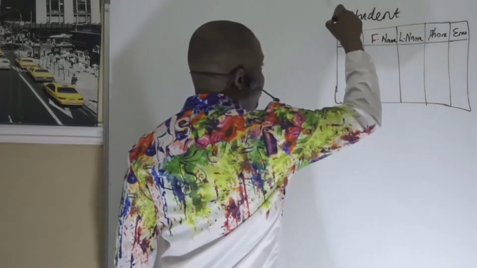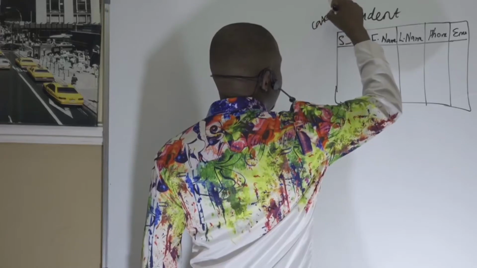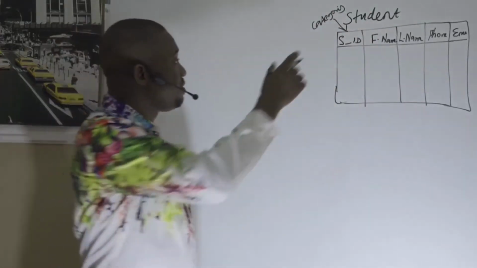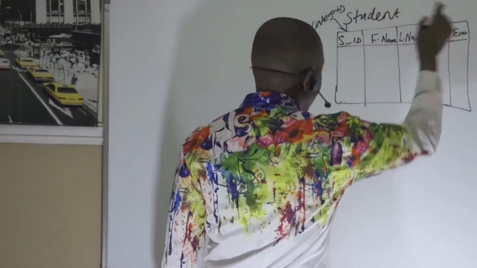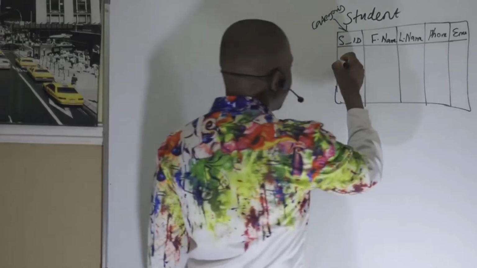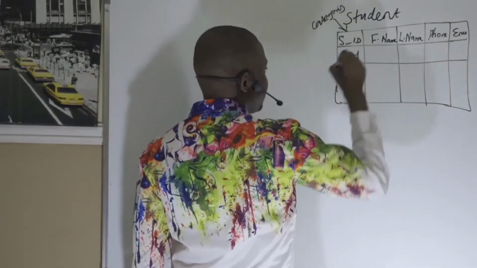Then each of these is called a category. All of them are categories. So the instance of the category will be inserted in the row. Assume the first person's ID is 101.